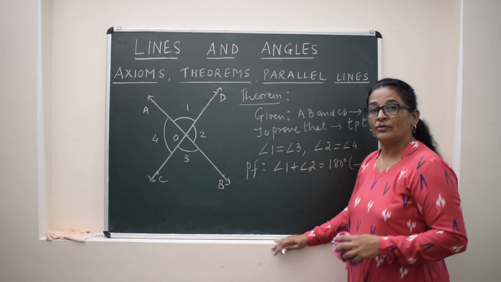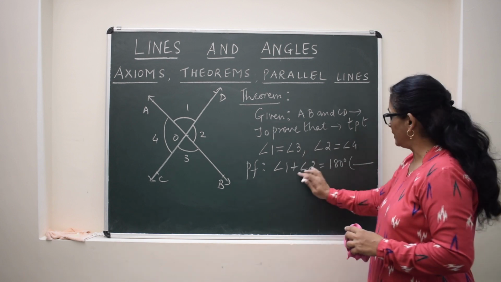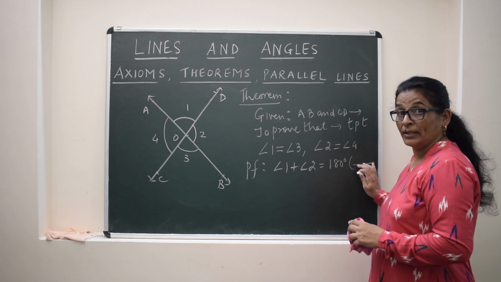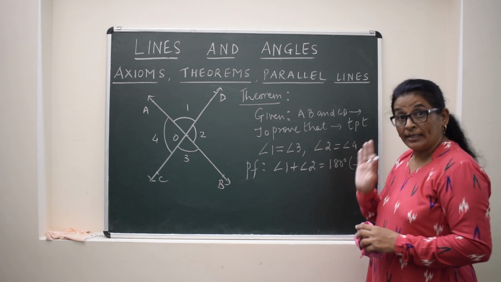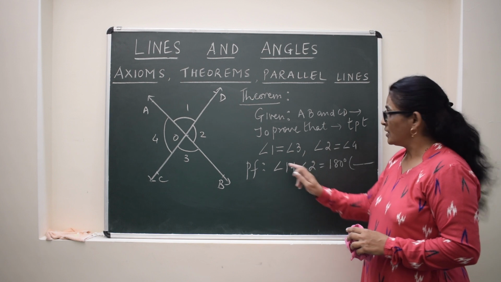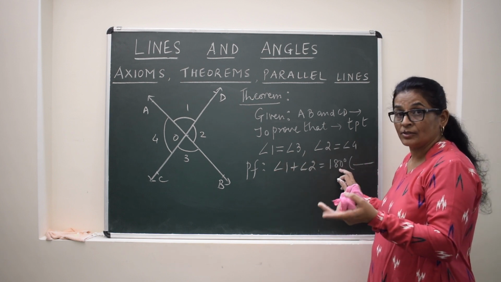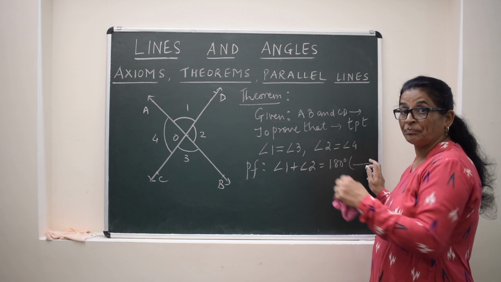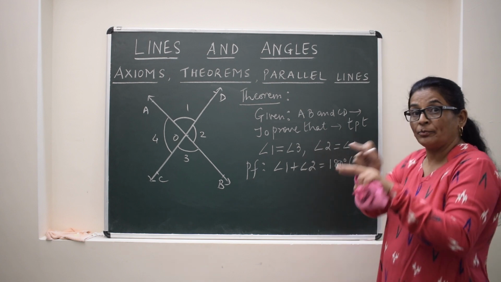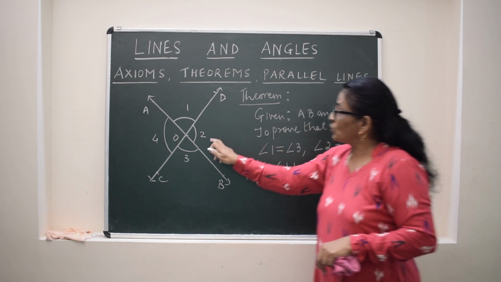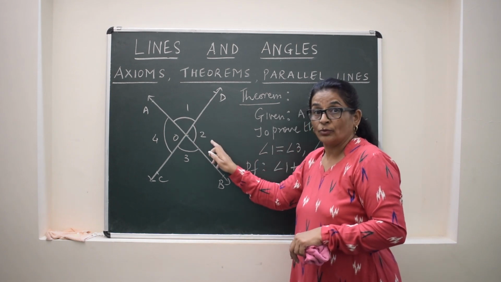Now here whenever you are writing any fact, any statement, it has to be reasoned out. Means you have to write the reason why we are taking this. So angle 1 plus angle 2 is equal to 180 degrees. There are different reasons. You can write the axiom which I said. You can write linear pair. Why linear pair? Because on a line, these two angles are adjacent and their sum is equal to 180 degrees.